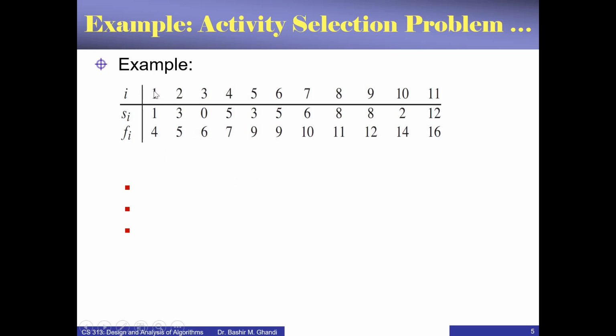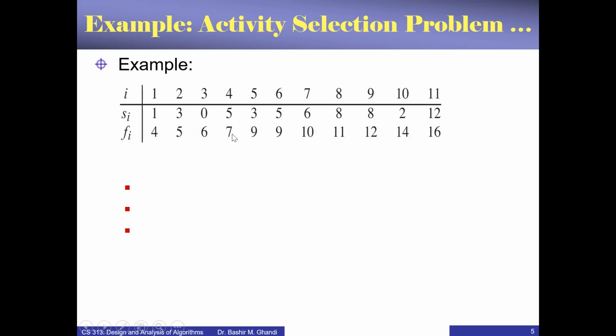For example, activity 1 will start from hour 1 until hour 4, assuming you call the time intervals in terms of hours. Notice that activity 1 finishes at 4, earlier than the finishing time of activity 2, and so on. This is what is called monotonically increasing order.